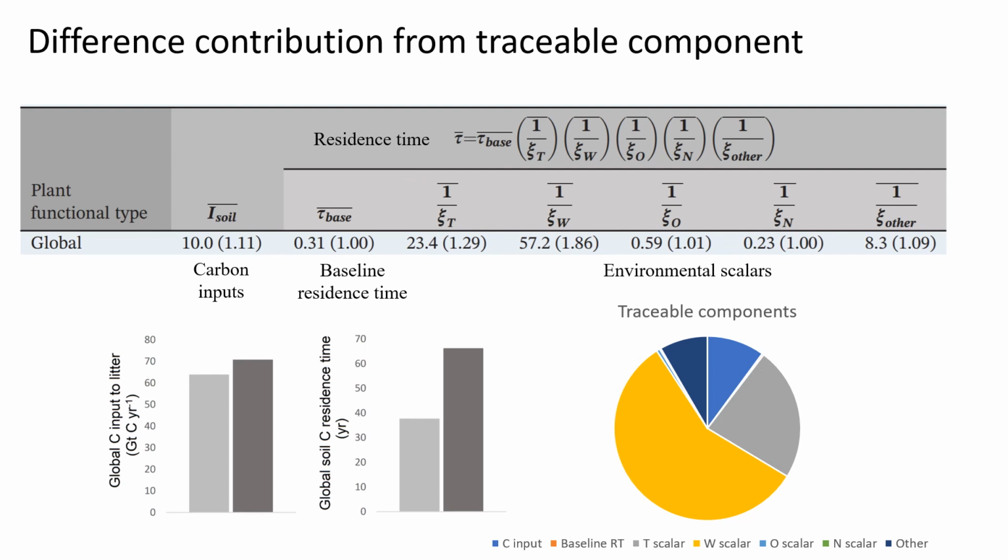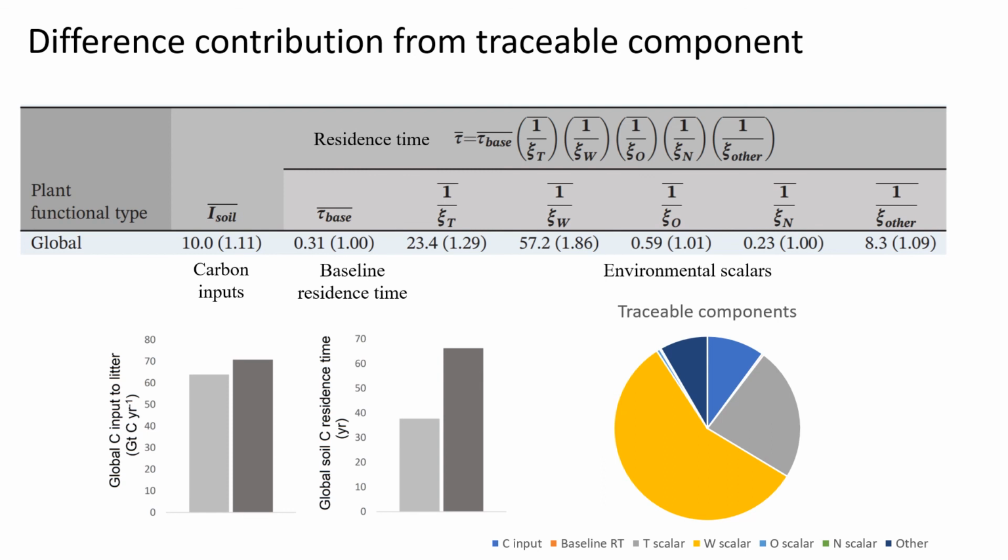The difference in soil carbon storage was primarily attributed to a much longer soil carbon residence time in CRU-NCEP simulations, which is 74 years, compared to 38 years in GSWP3 simulation. It's nearly double. However, the global soil carbon inputs were different by only 11%.